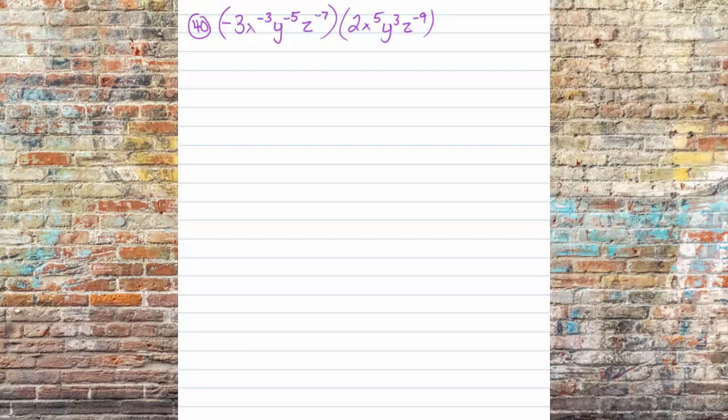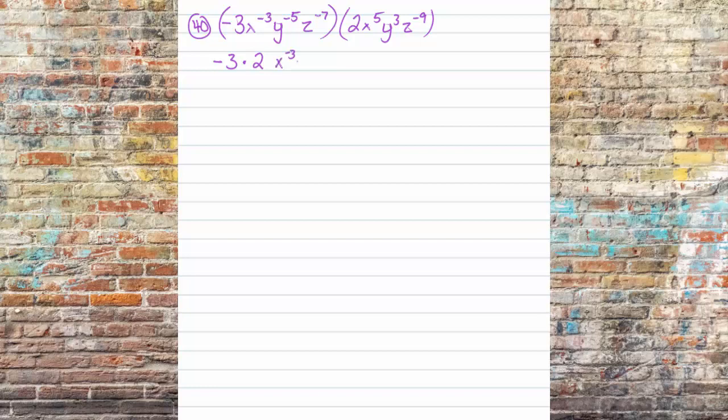Now again, remember that multiplication has the commutative property, which tells us the order doesn't matter. So I'm going to come into this problem and rewrite it, taking out first my coefficients, or my integers, sorry. So negative 3 times 2. Then I'm going to start pairing like terms.